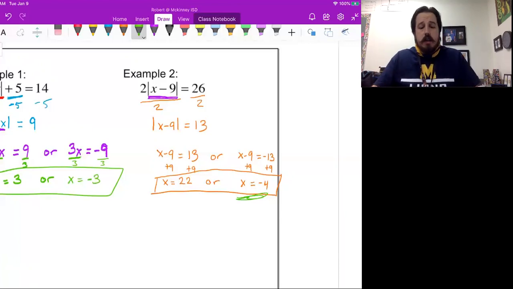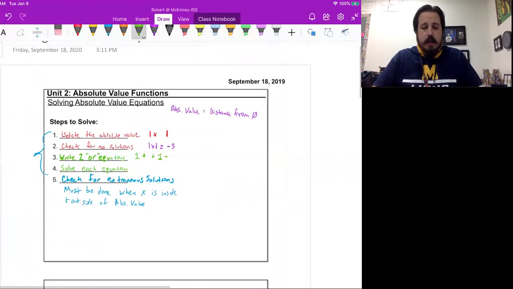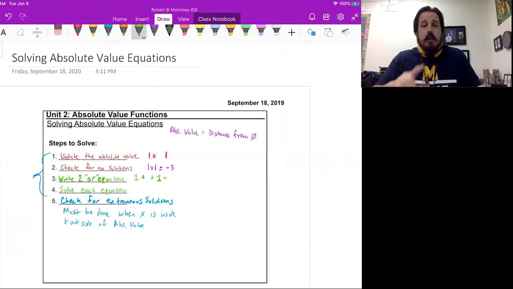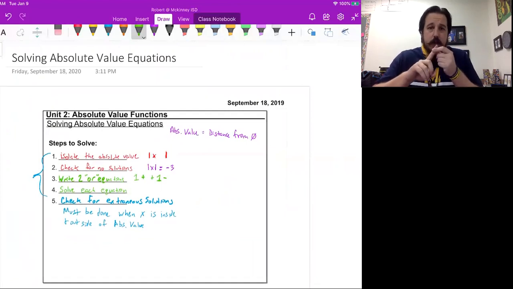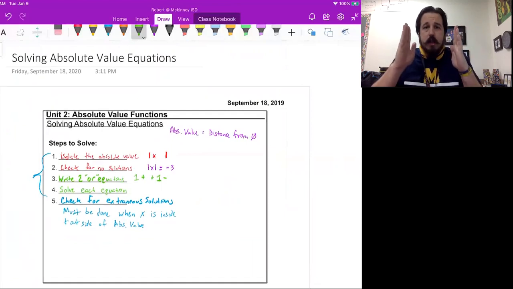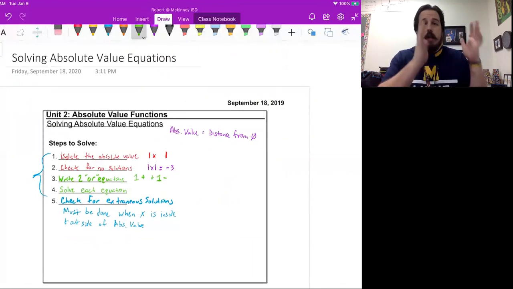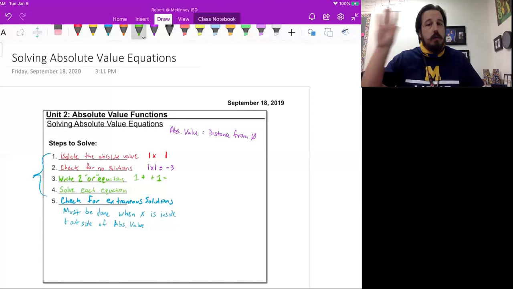So these are the notes for today. Mainly it is these 5 steps that we're looking at to isolate the absolute value, get what's in those absolute value bars all alone. Once it is isolated, checking to see if there are no solutions because it equals a negative number. Then our third step, writing 2 OR equations. One that is positive, where I take what was in that absolute value bars and it equals what it equaled.